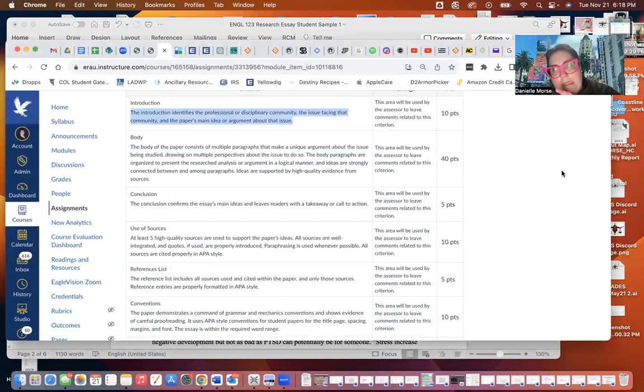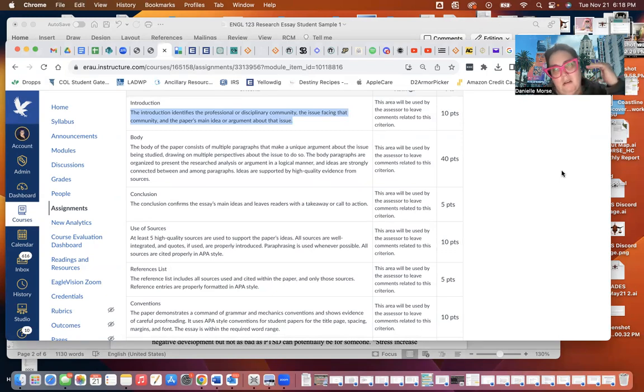The rubric was slightly different, but it's not that different. So the introduction identifies the professional disciplinary community. They did. It's military. The issue facing that community, they did. It's suicide. And the paper's main idea or argument about that issue, that's missing. So they've got most of it, even though it's not executed well.